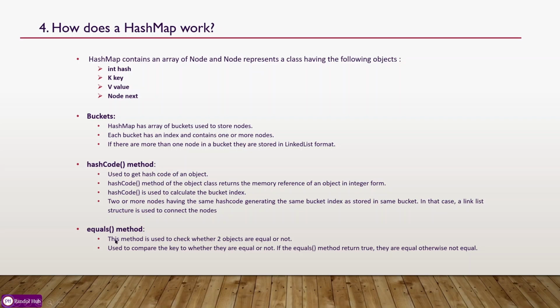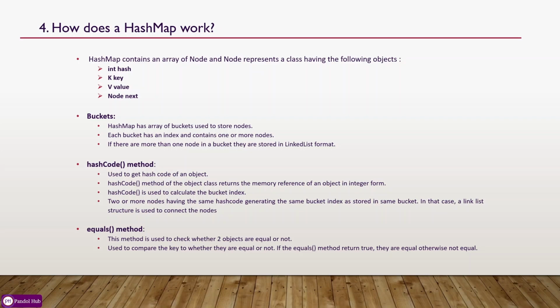So what is the equals method? This method is used to check whether two objects are equal or not. It is used to compare the keys. If the equals method returns true, they are equal, otherwise not equal. The hash code, as I already mentioned, is used to identify the bucket. If the bucket includes more than one node, each node is going to have different values.